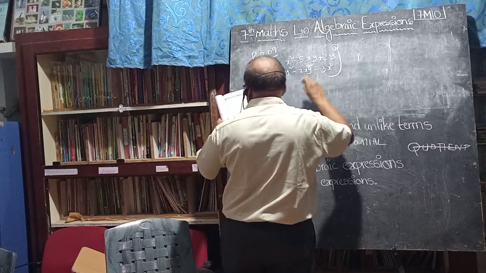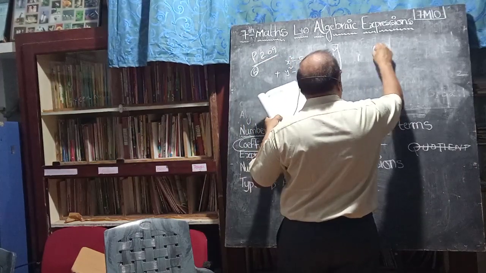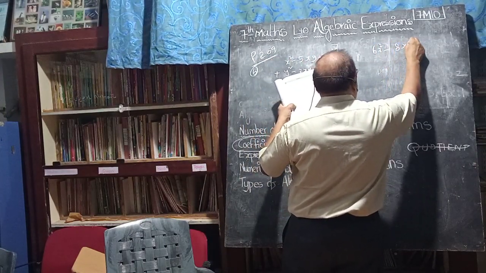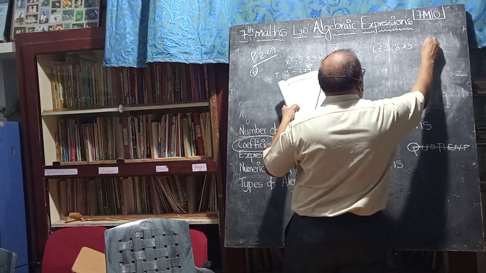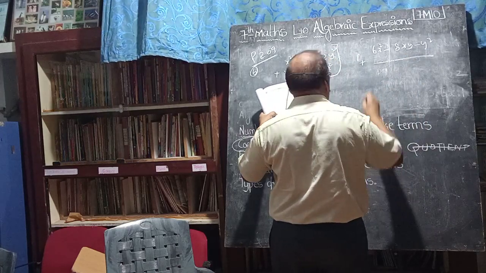From this sum, subtract the sum of this from 6x square minus 8xy minus y square plus 2xy.